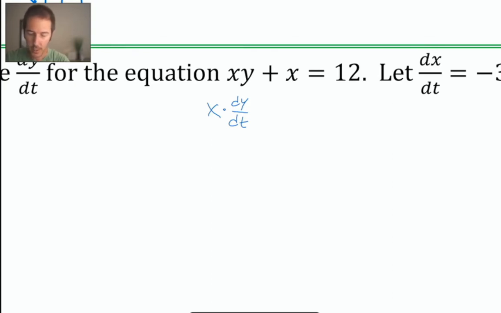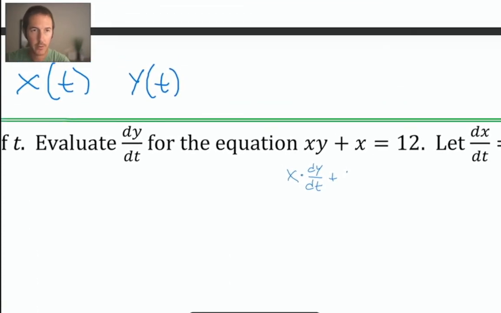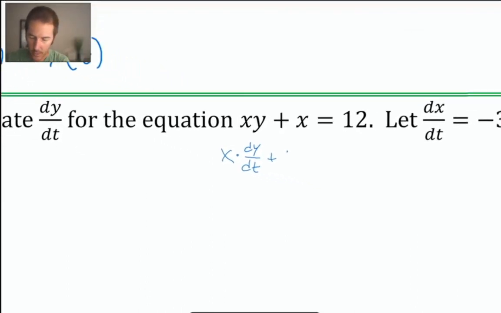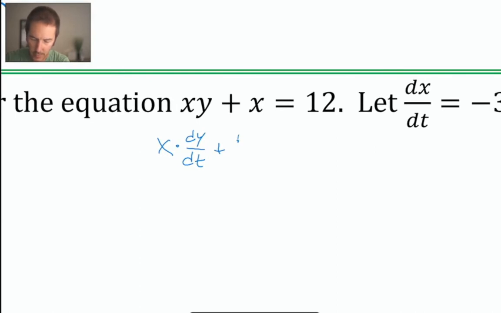Alright, now the second half of the product rule. So here's my plus sign. I'm taking the derivative of x now. But I don't know what x is. But I want to take the derivative of it with respect to time. And since I don't actually know what that function is, x of t, like we talked about right there, when I go to take the derivative of it, I'm simply going to write down dx with respect to time, derivative of x with respect to time, then multiply by my y variable, and then my second plus sign.